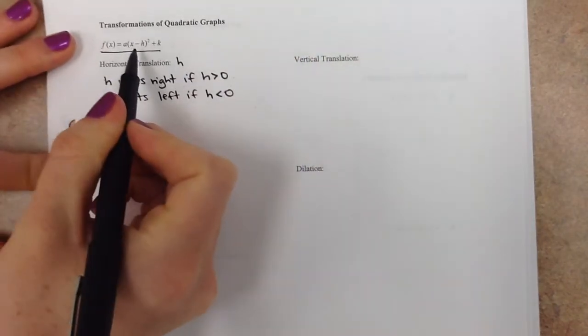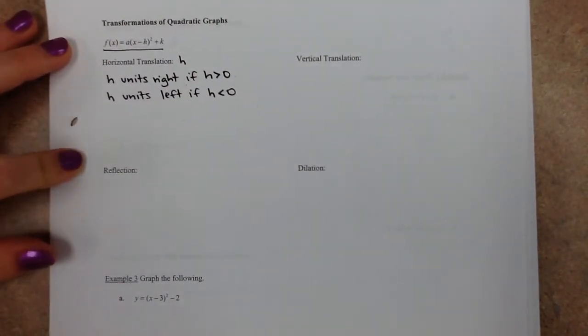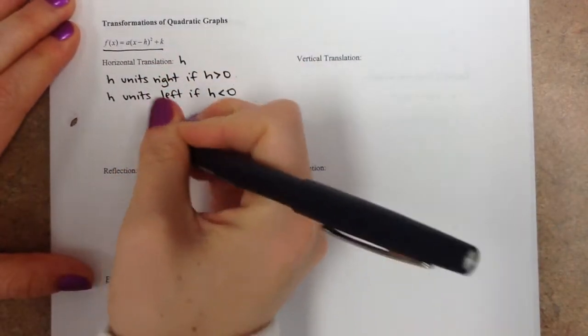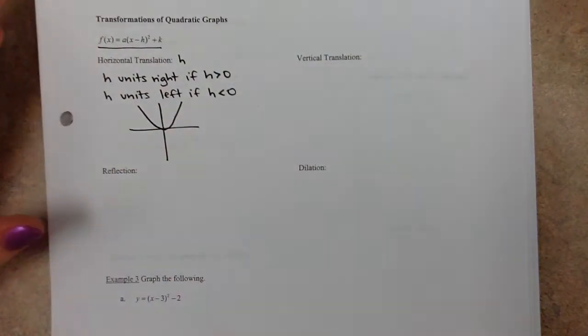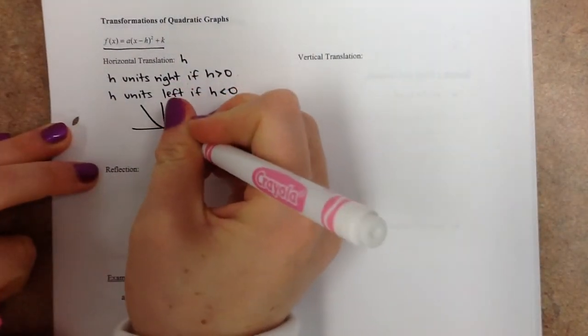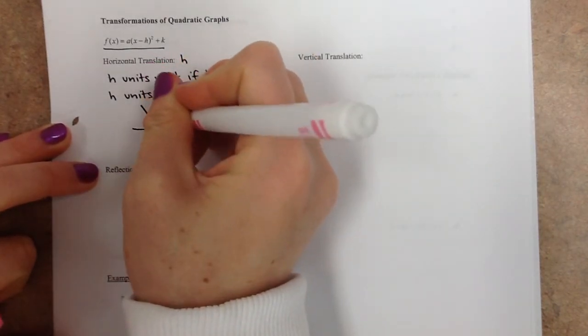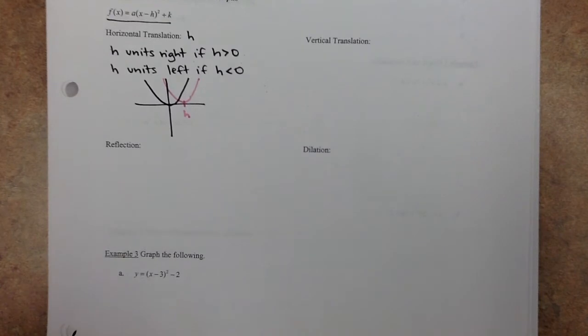Okay, and pay attention here that H is something that's subtracted, and so we actually have to go with the opposite. Okay, so say that here's our original. These left and right translations would move us over here. So say we had a positive H, and it would translate our parabola over here. Something like that would be a horizontal translation.